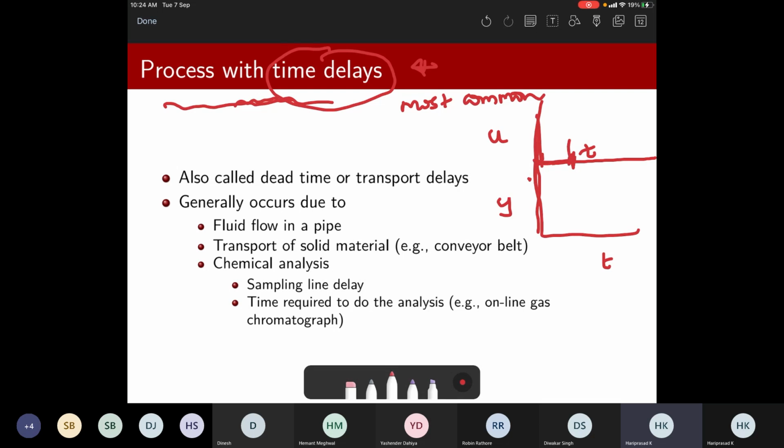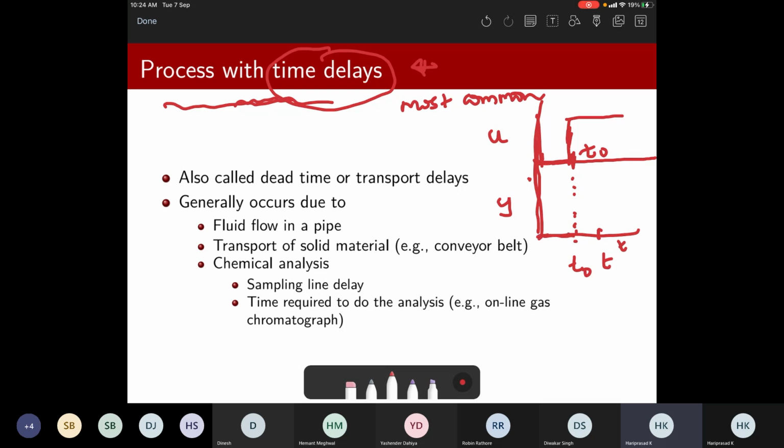At that time there was no change, then you pedaled your accelerator, and you retain that input. T is the general variable, T naught is the particular variable in this context. The response you would really see is not at T naught, maybe at T1 here.